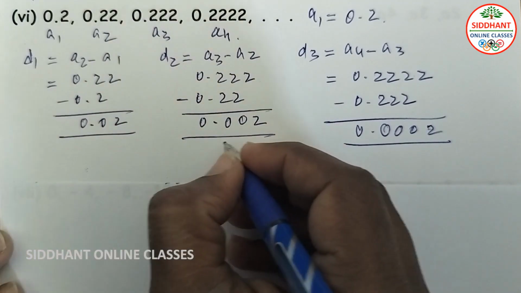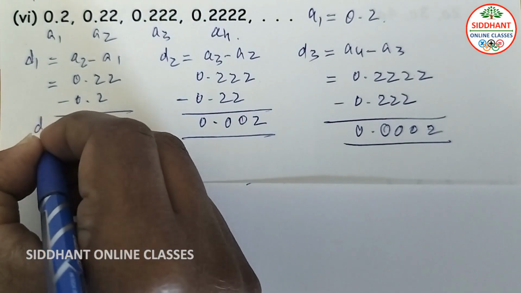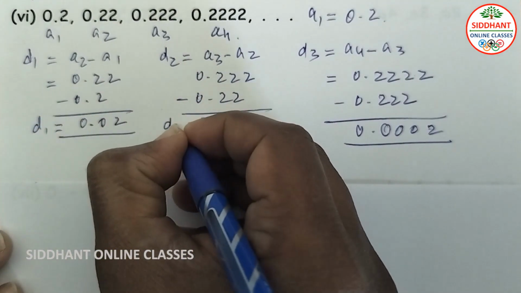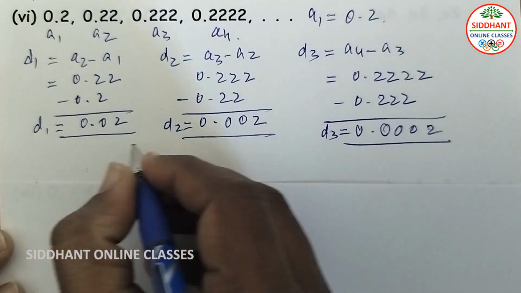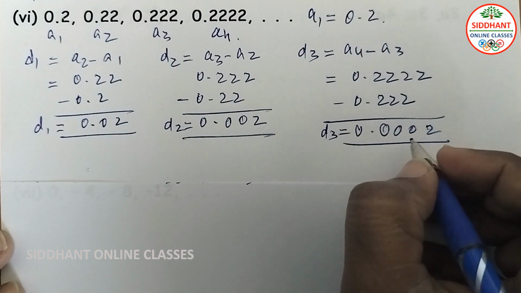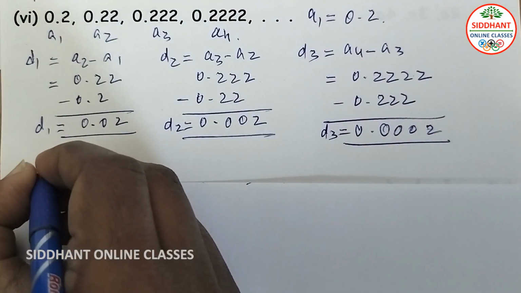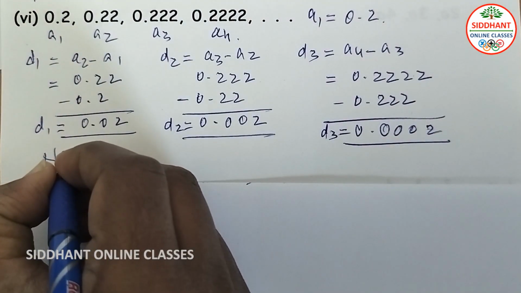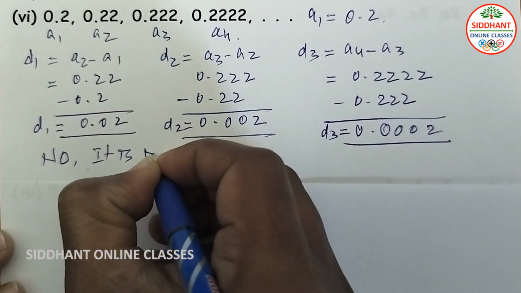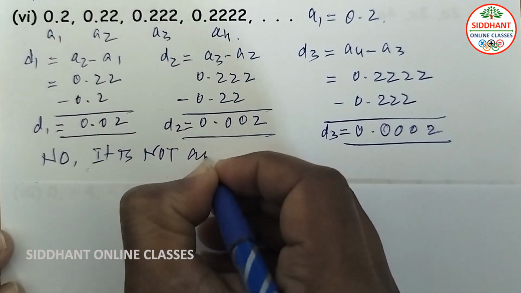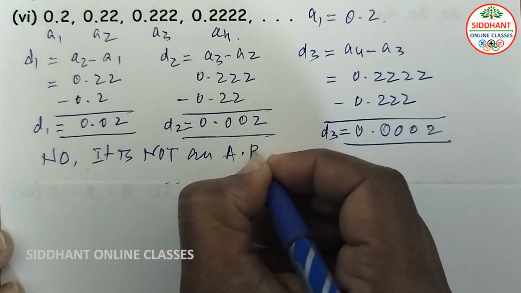So now when you are going to see d1, d1 is equal to this much, d2 which is here, d3 here. So we are not going to see any common difference here. So we can say that it is not an arithmetic progression.